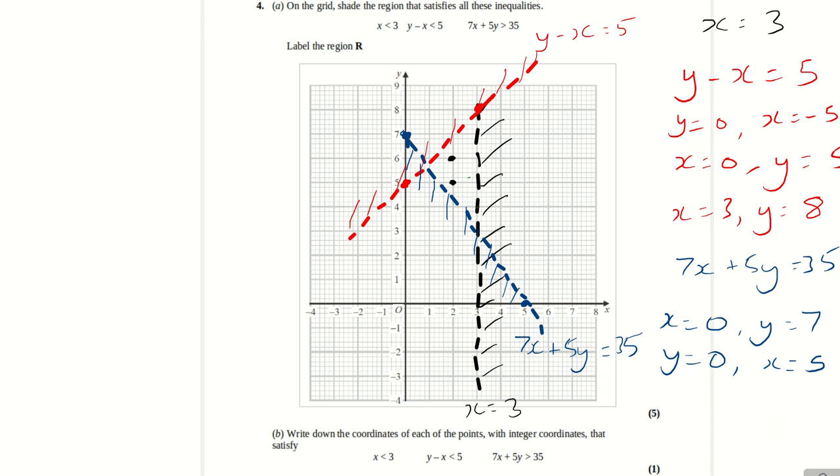And all of the points here have integer coordinates, but they are on the line, so they're also not going to be included. So I think we've just got the point 2, 5 and the point 2, 6. And I can't see there are any other points contained within that region that have integer coordinates.